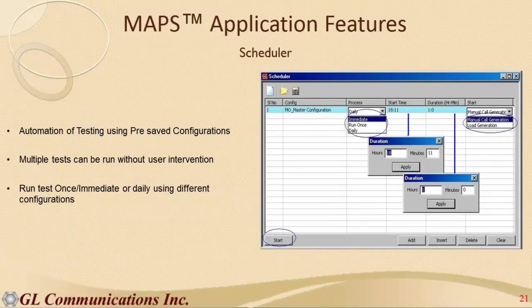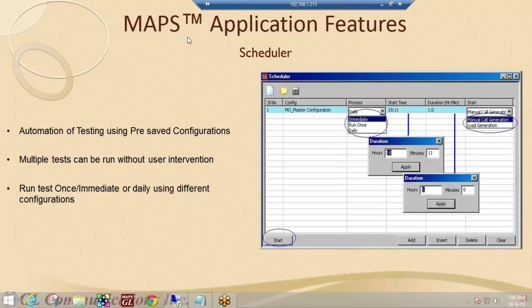One more important feature is the scheduler, where users can schedule their own test cases and define the duration the test has to run. There are different options available for scheduling the test, like on a daily basis, or only once, and then produce the report.